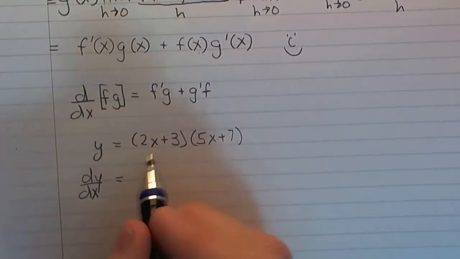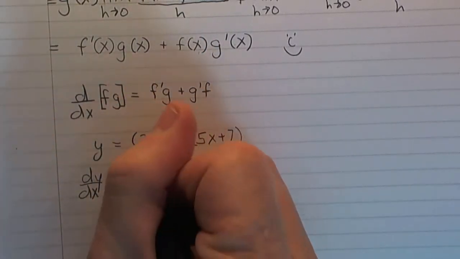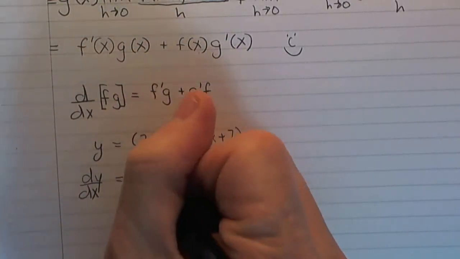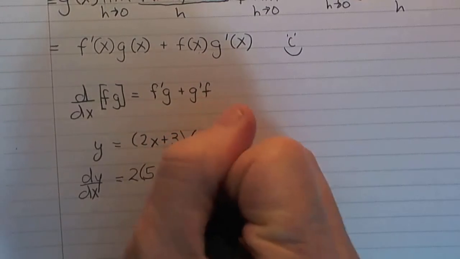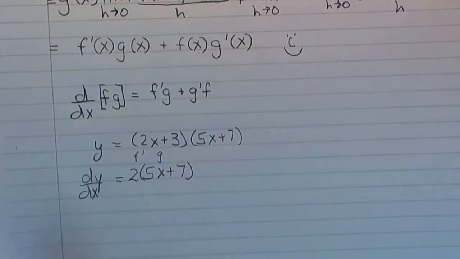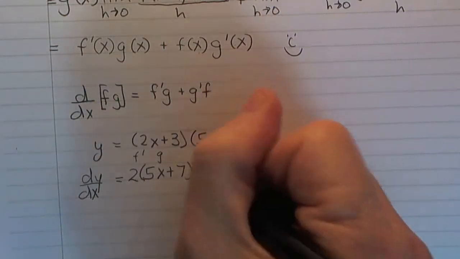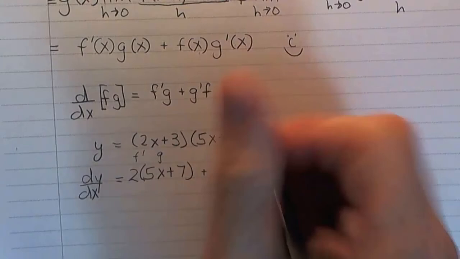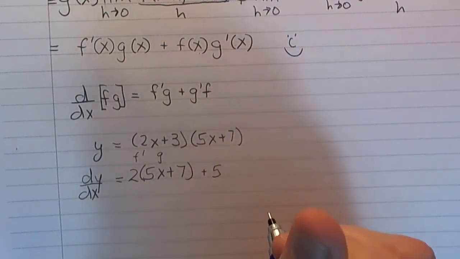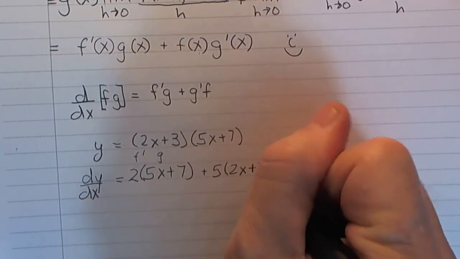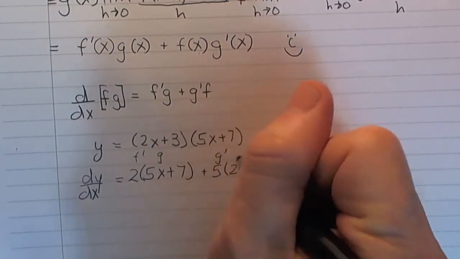We have the derivative of the first. Well, that's going to be 2. See? Derivative of 2x plus 3, that's just 2, times 5x plus 7. This is f prime g. Plus, now let's do g prime. G prime, the derivative of the second one, is 5 times f. So here's g prime f.